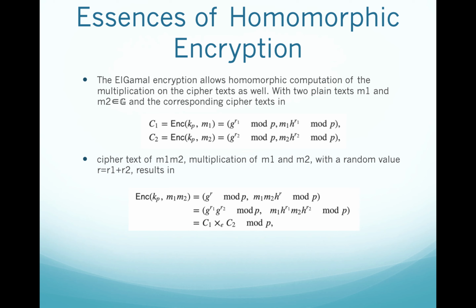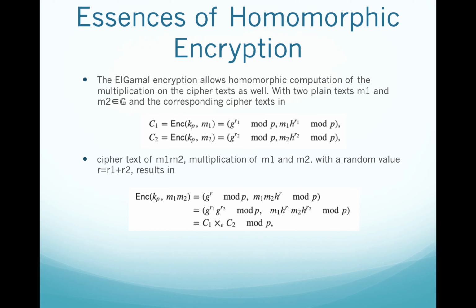And what happens is in the ciphertext, we could do our multiplication of M1 and M2 with that random variable R. And where we get R from, R is going to equal R1 plus R2.